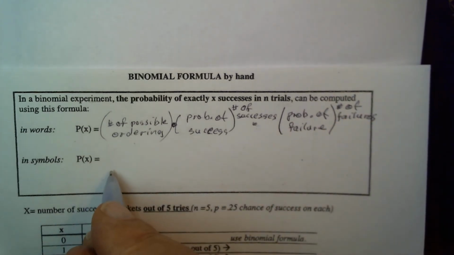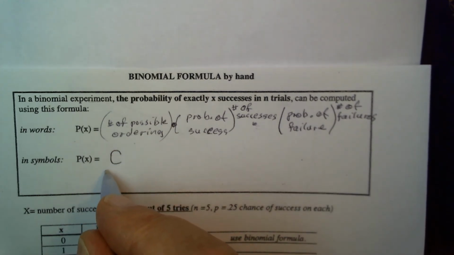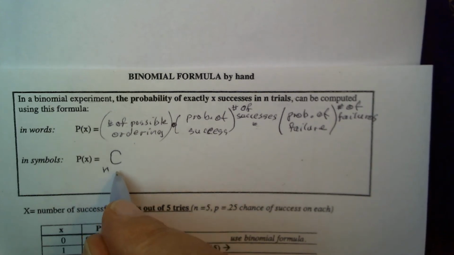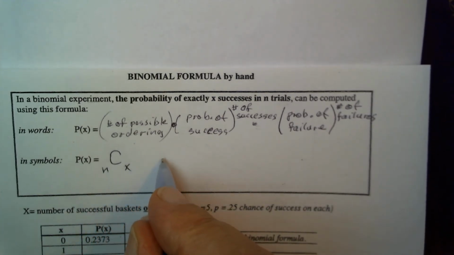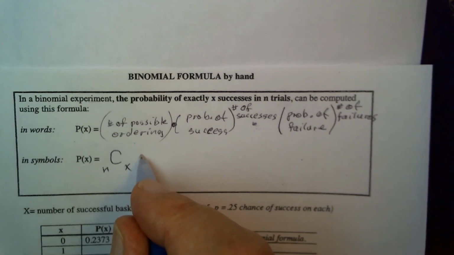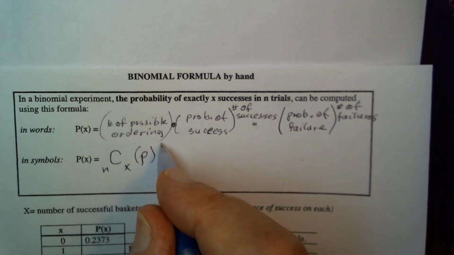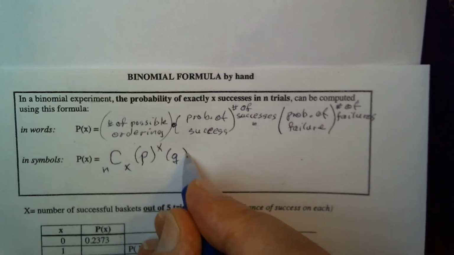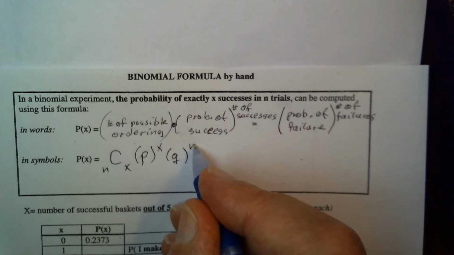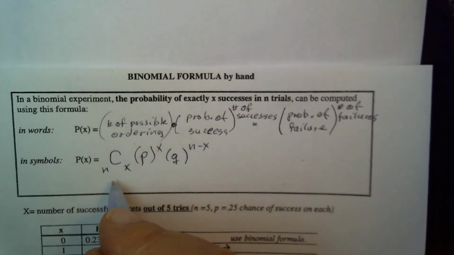The symbol is the number of n combination taking x at a time, times the probability of success raised to the x power, times q raised to n minus x, which would be the number of failures.